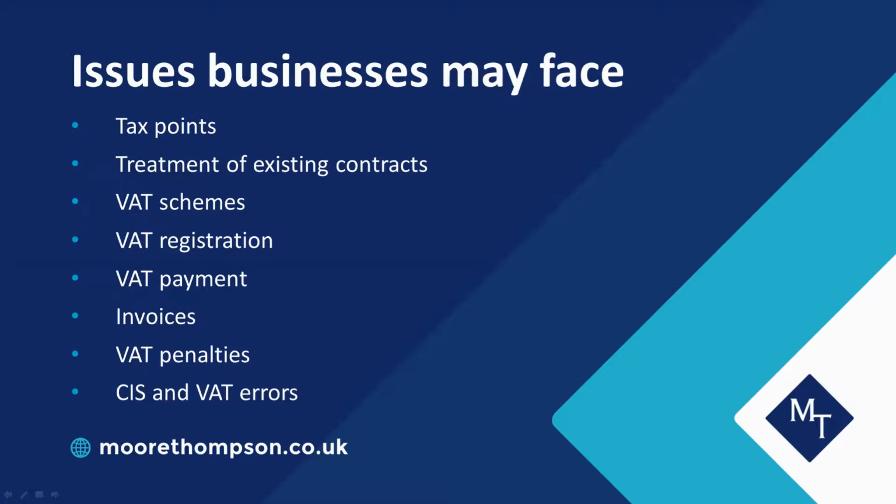VAT penalties. Some businesses are going to have a certain amount of teething problems in getting to grips with the reverse charge mechanism. HMRC understand that implementing the reverse charge may cause some difficulties and will apply a light touch in dealing with any errors made in the first 6 months of the new legislation, as long as you're trying to comply with the new legislation and have acted in good faith.